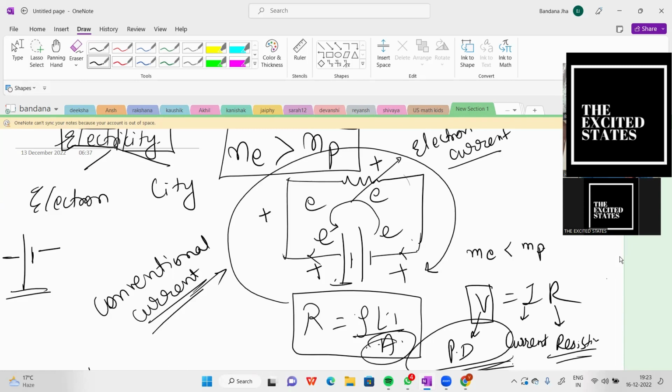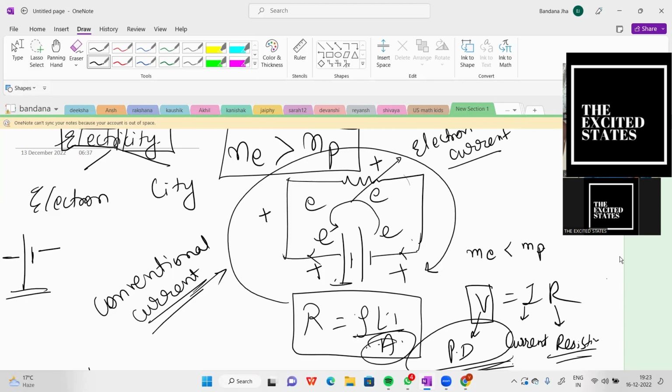When we used to do simulations in class, whenever we attached a voltmeter, the reading would be dictated by the battery. That is a practical thing that you might have done. Okay, fine.